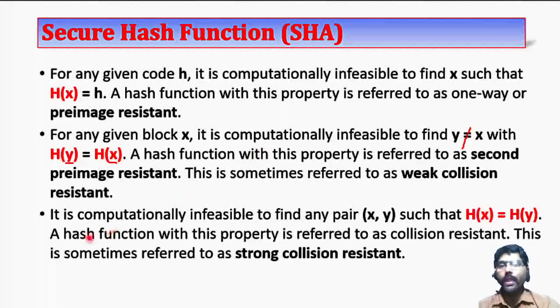Sixth one is, it is computationally infeasible to find any pair x, y such that H(x) is equal to H(y). A hash function with this property is referred to as collision resistant. This is sometimes referred to as strong collision resistant. These six properties actually protect against a sophisticated class of attack, sometimes also known as the birthday attack.